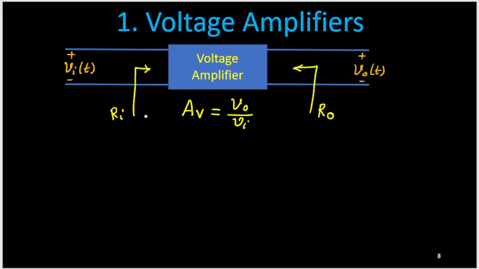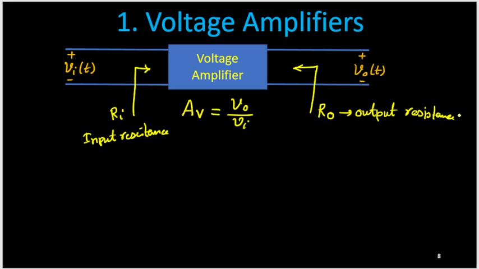So this Ri and Ro, these two are important. This is your input resistance, and this is your output resistance. These two will be useful for our model.